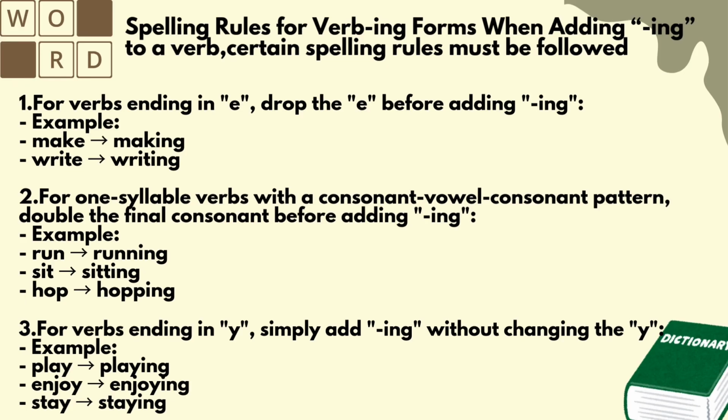Number 2, for one syllable verbs with a consonant, vowel, consonant pattern, double the final consonant before adding ing. For example, run, running, sit, sitting, hop, hopping. Number 3, for verbs ending in y, simply add ing without changing the y. For example, play, playing, enjoy, enjoying, stay, staying.